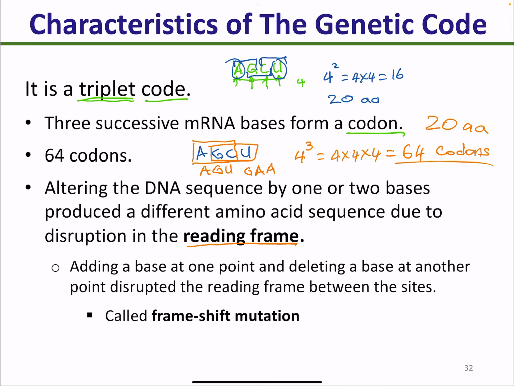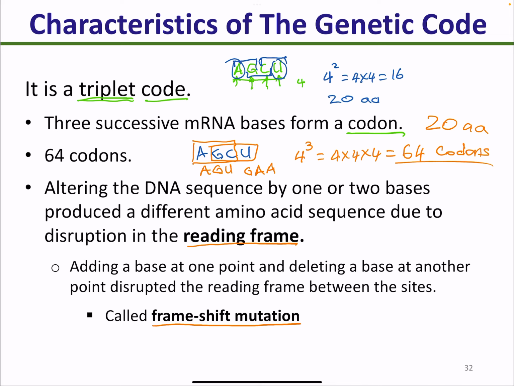And 2, if you have an addition of 1 nucleotide or 2 nucleotides, you are going to have what biologists called a frame shift mutation.